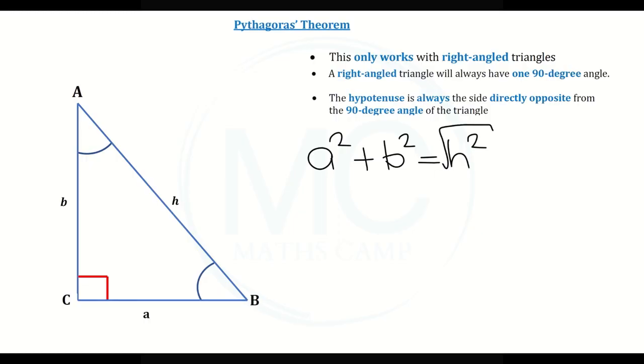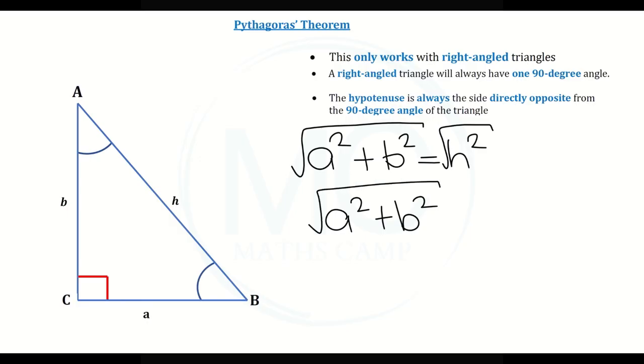And remember, what you do to one side, you do to the other. So let's square root this side. Now on the left, we have a squared plus b squared under a square root. On the right, the square and the root will cancel, and we're left with h.